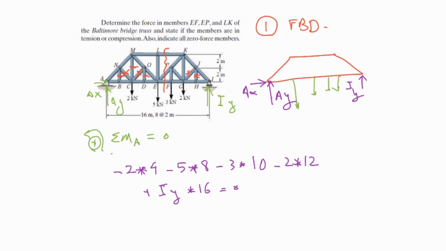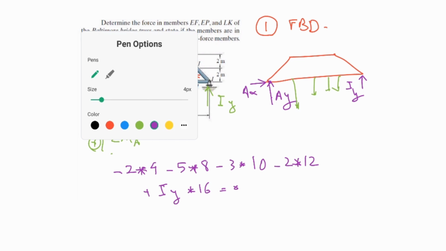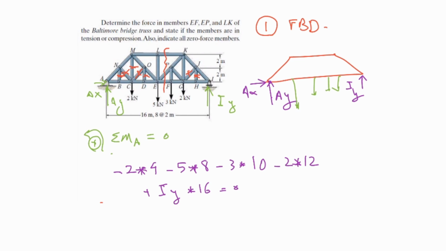Okay, by doing this we can find IY as the unknown, and let's get this done by doing the simplification.